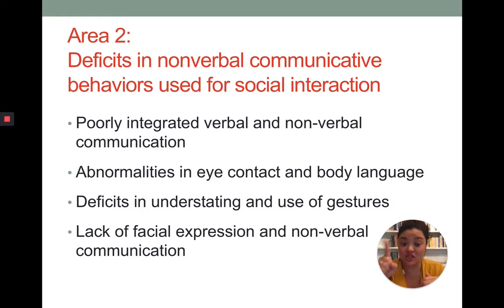Oftentimes I might use a gesture, right, which is a type of nonverbal communicative behavior, as well as my eye contact, right? Penelope, look at that, right? So I naturally communicate using and integrating different modes of communication, right? So I'm using gestures with eye contact, with words, right? And it all seamlessly gets integrated.